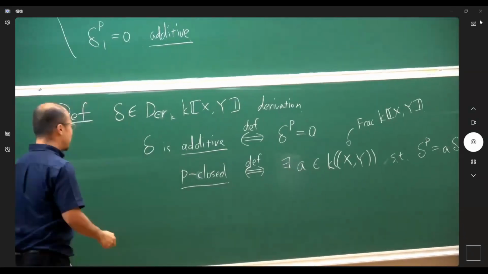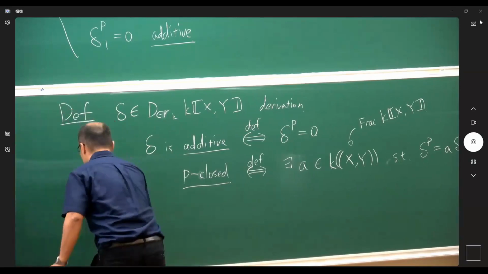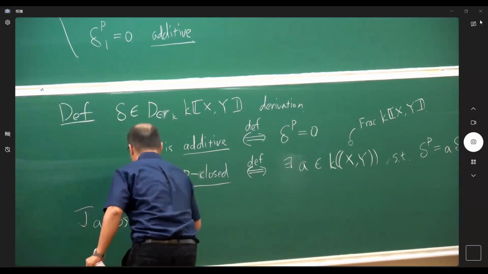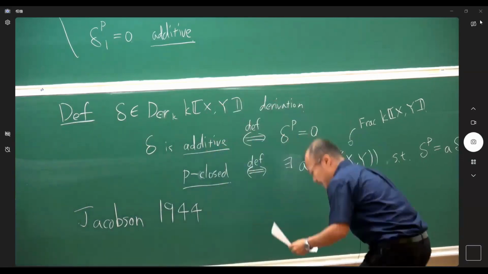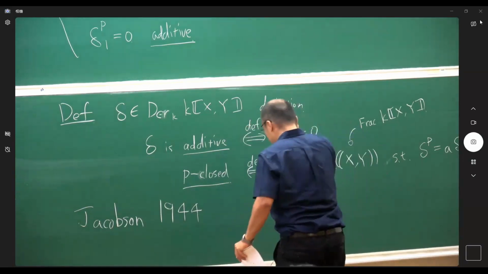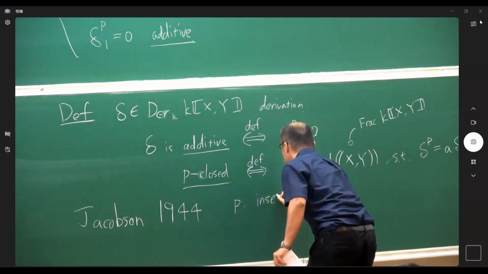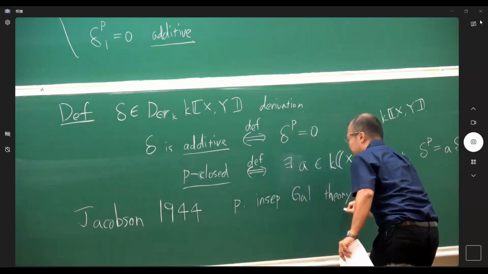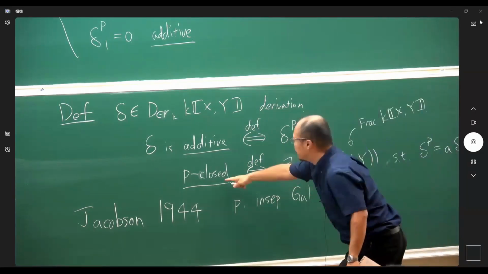P-closed derivation is important in the context of Galois theory, inseparable Galois theory, by Jacobson. He gave a purely inseparable Galois theory many years ago. This describes inseparable extensions in terms of p-closed derivations.